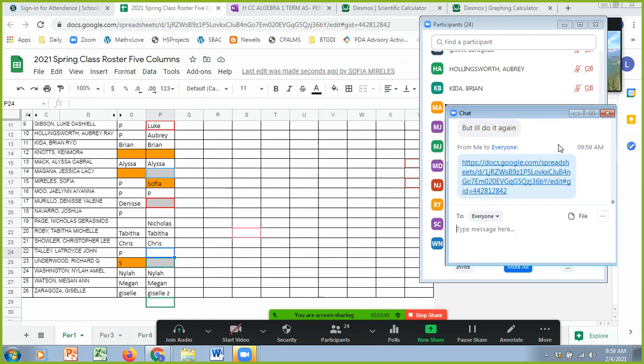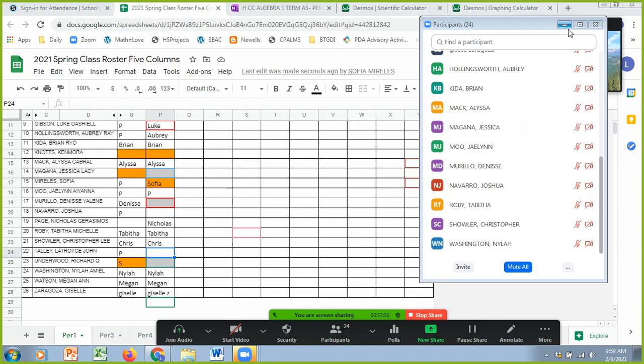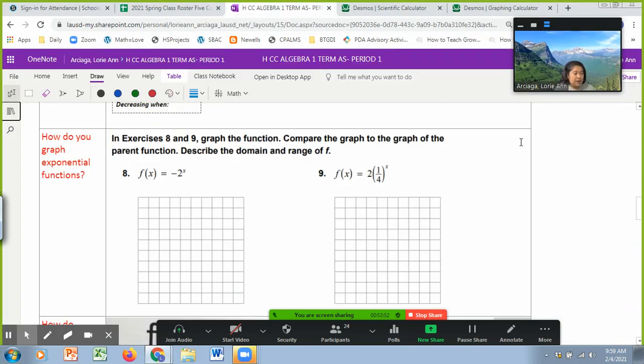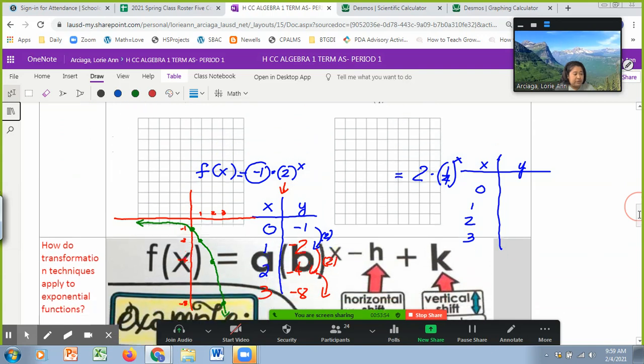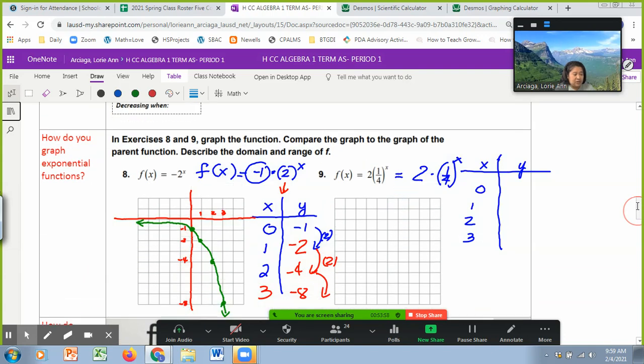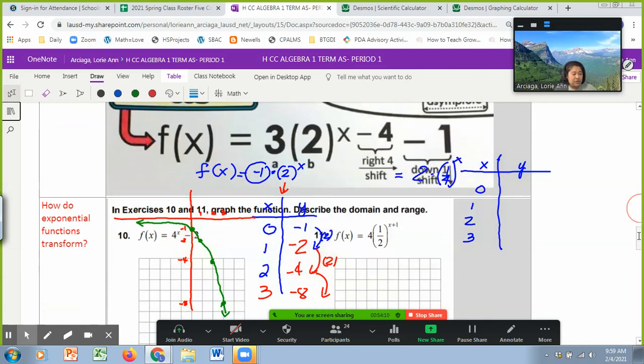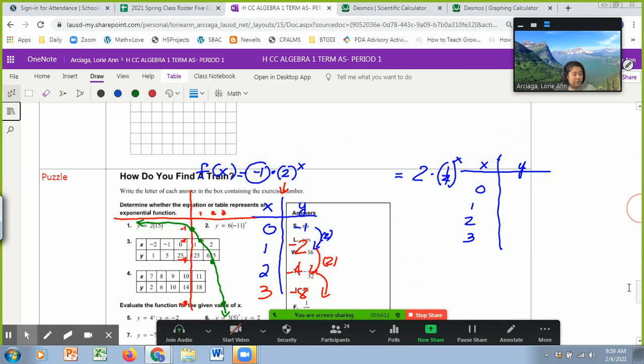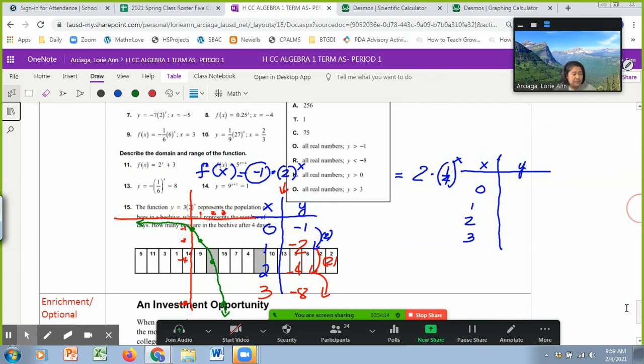What about everything we didn't finish today? Is that homework? I'll go back and check. So no, the one at the bottom is a next lesson. Okay, so we will go over that Monday. So the things that you can do for the weekend are your makeup work, and there's a puzzle right here.